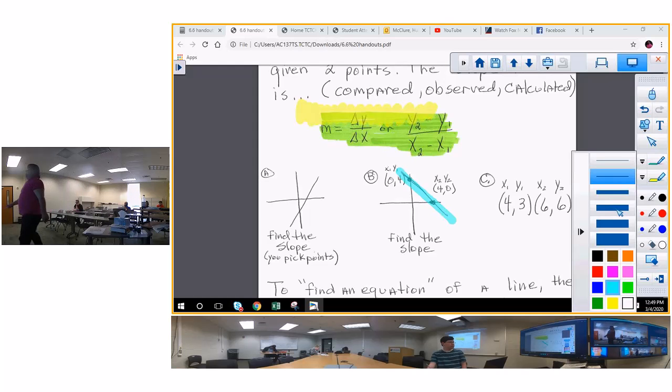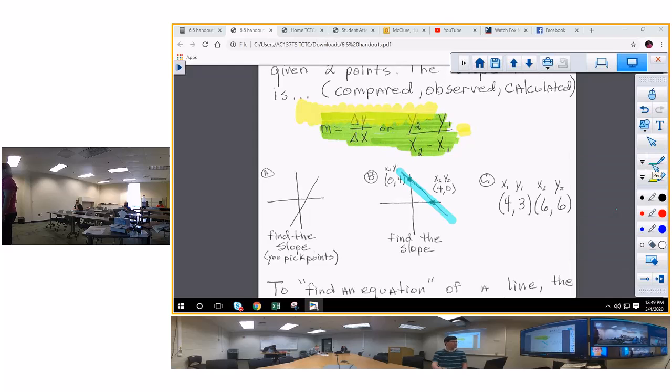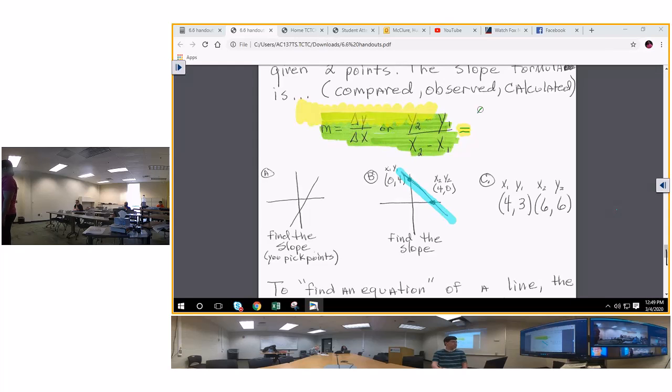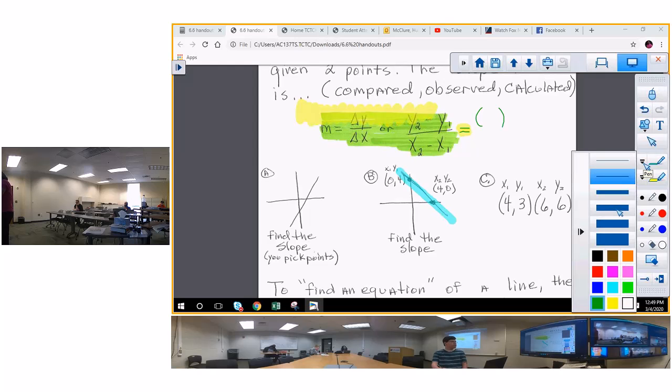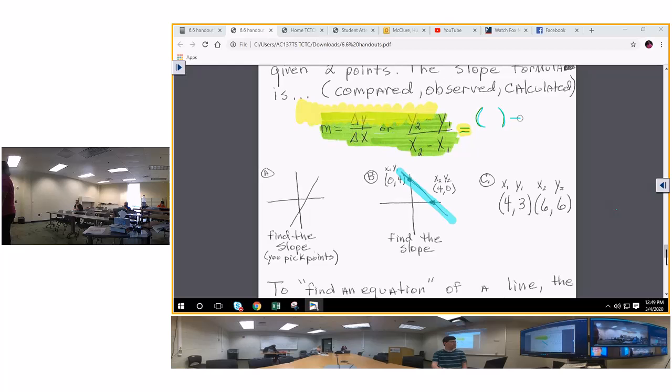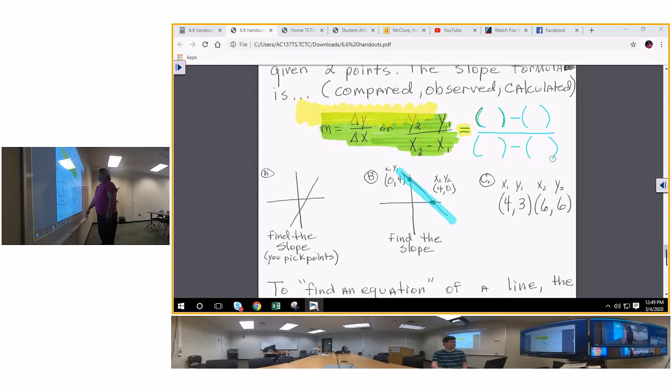So m equals parentheses minus parentheses over parentheses minus parentheses.